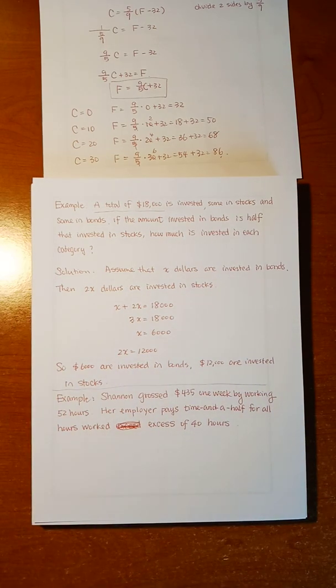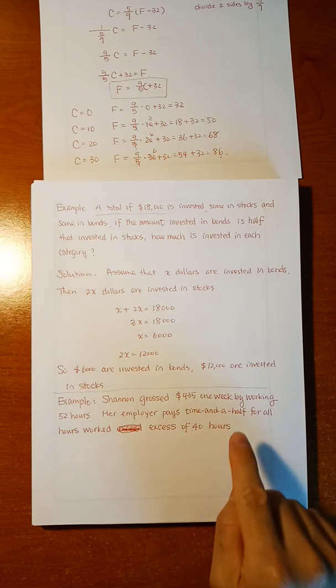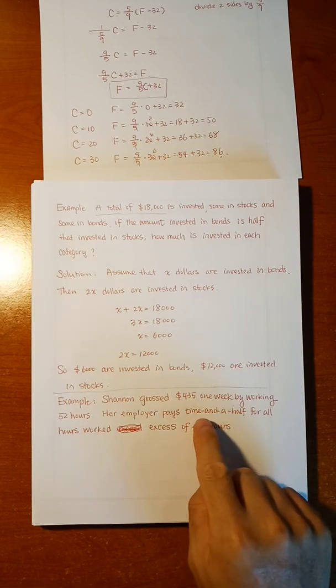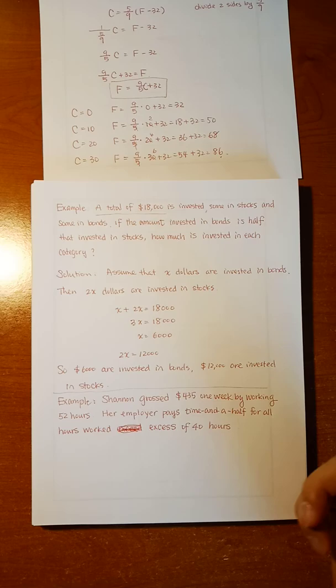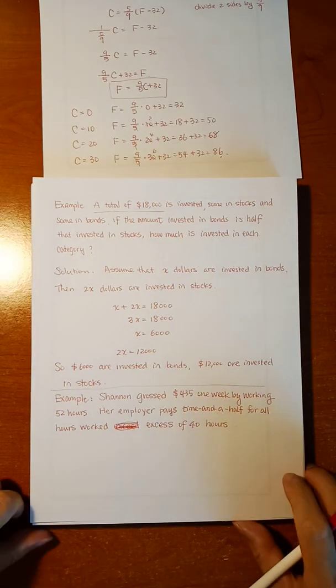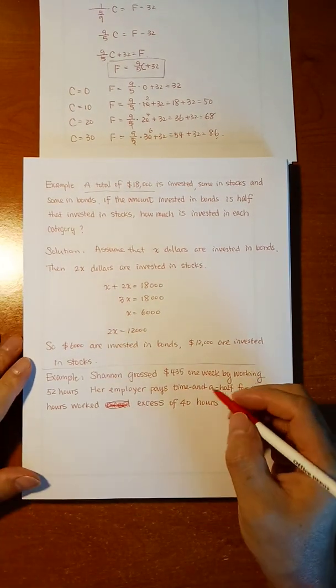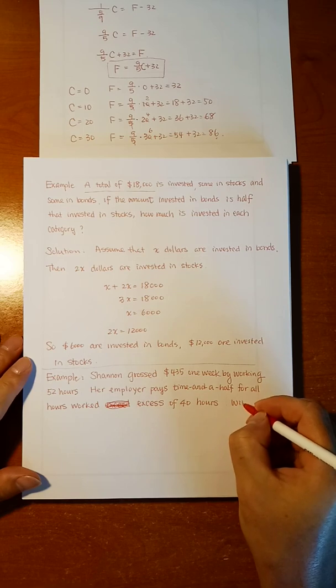So when she works more than 40 hours, for the extra hours she gets paid a time and a half, 1.5 times her salary.